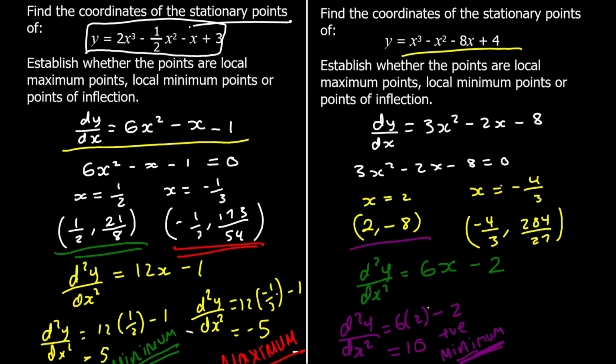And for minus 4/3, six times minus 4/3 take away 2. So 6 times negative 4/3 is negative 8. Take away 2, negative 10. So that's negative. Therefore, that one is a maximum point.